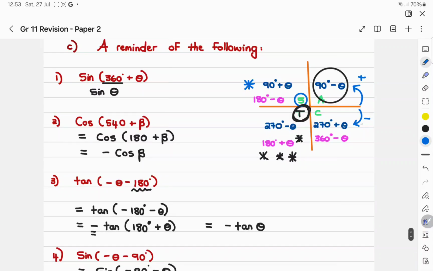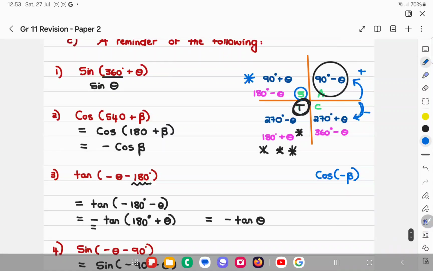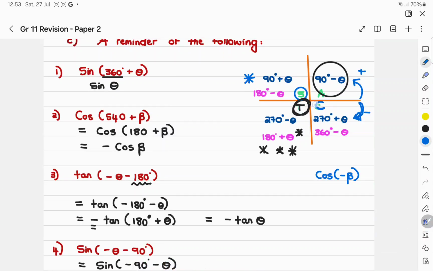And once you go into the negative, can you see, cos of negative beta, if you look where it goes in the negative, the only one that's positive in the negative is the cos. So this little sneaky bugger becomes a positive cos beta.